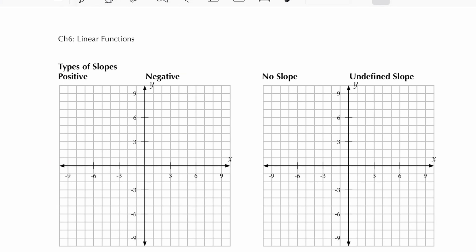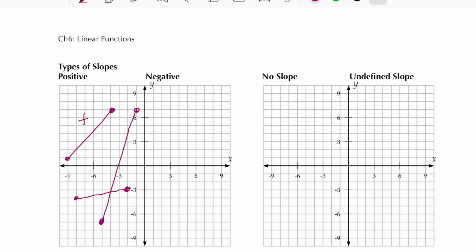All right, let's take a look at the types of slope. Positive slopes always start low and go up to the right. That's a positive slope. This is a positive slope. This is a positive slope.